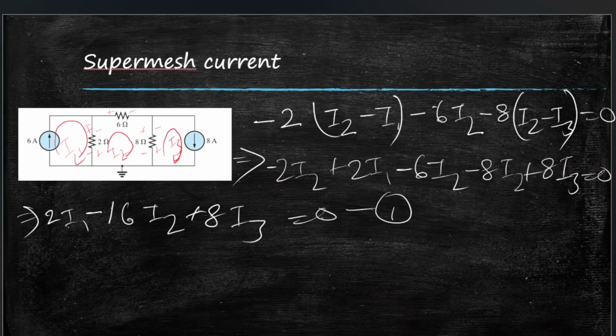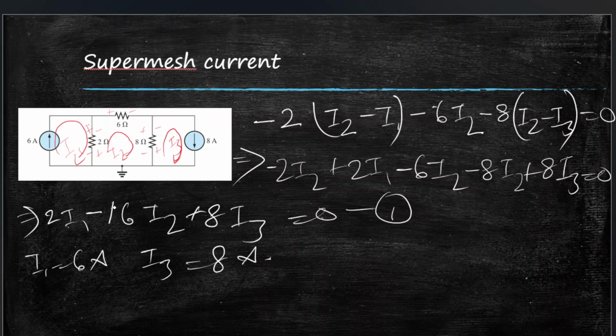Now if we look back at the question, we can see that loop current I1 is actually just the 6 ampere source. So we can write I1 is equal to 6 amperes. Similarly, loop current I3 is just this source of 8 amperes. So I3 is equal to 8 amperes.